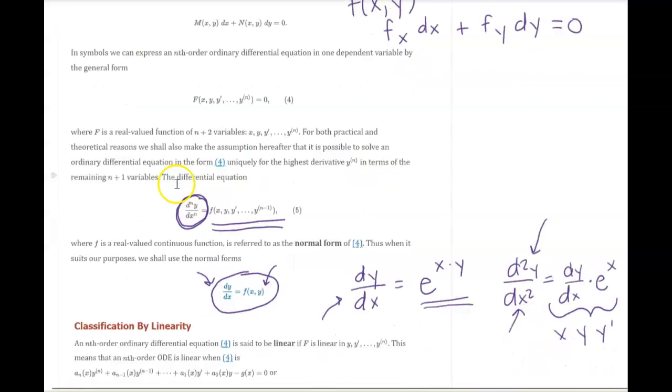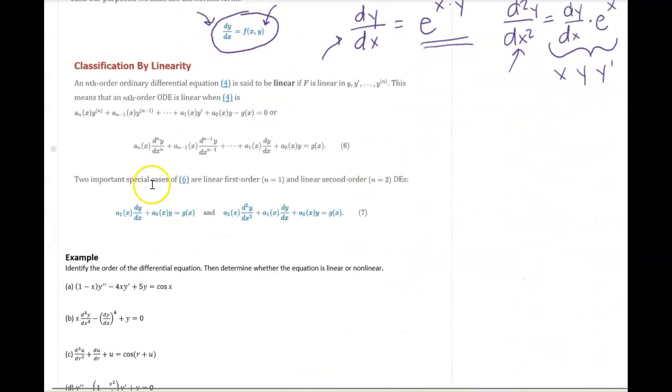However, the most important form that we will work with in our course is called the linear form. A function is in linear form if it follows this format. Notice that all of my terms in front of my derivative pieces are all functions of x. And then I have the nth order here.